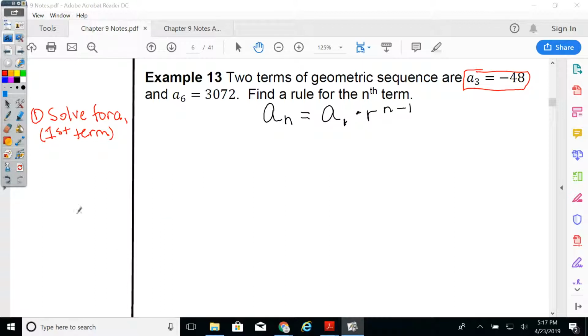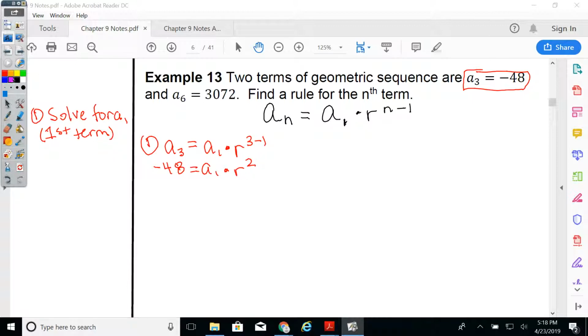So here, step 1, we're going to plug in what we have. So a sub 3 equals a sub 1 times r to the 3 minus 1, because n is 3 here. Well, a sub 3 is negative 48. So negative 48 equals a sub 1 times r squared.